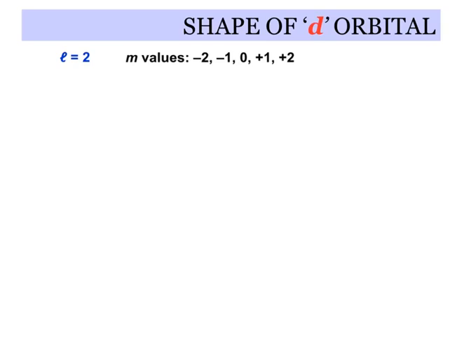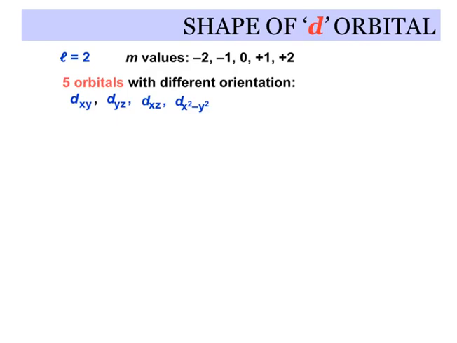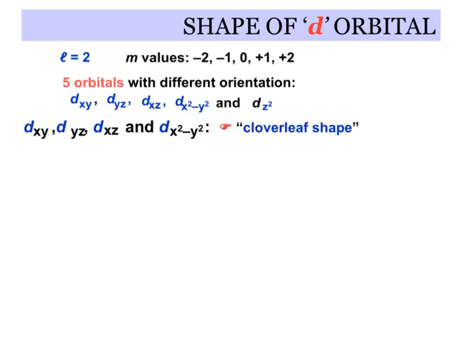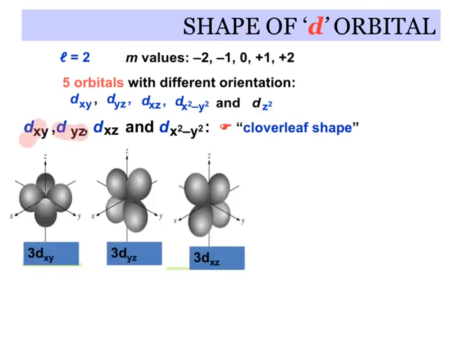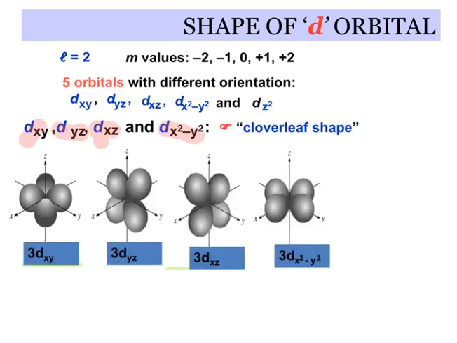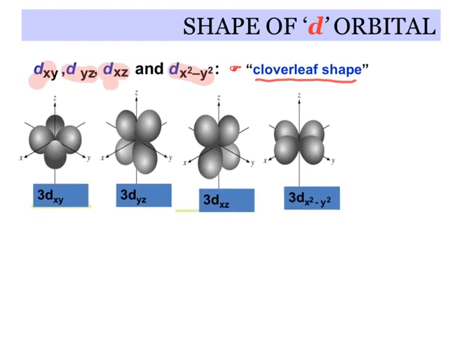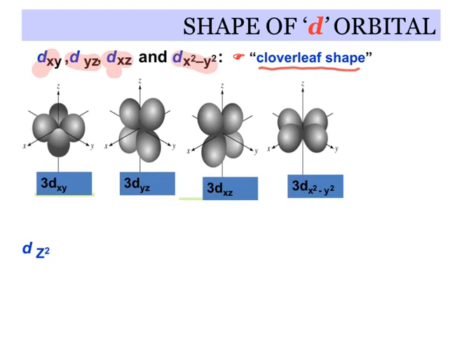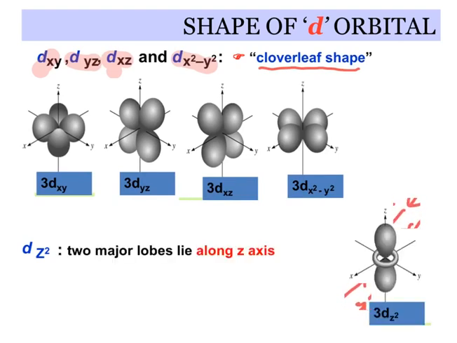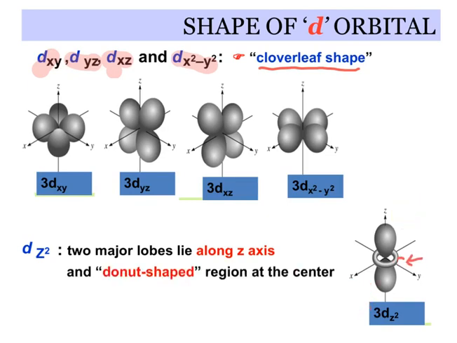The d orbital has 5 orbitals with different orientations, namely dxy, dyz, dxz, dx² minus y², and dz². dxy, dyz, dxz, and dx² minus y² are cloverleaf shaped, while dz² has quite a different shape. It has 2 major lobes lying along the z-axis and a donut shape at the center.